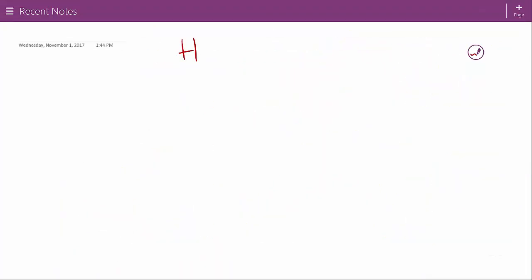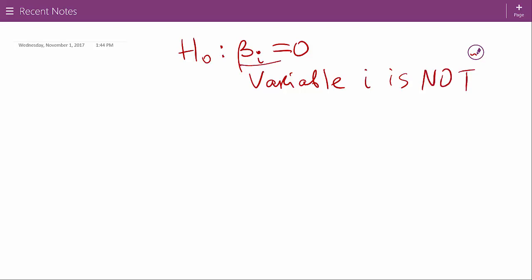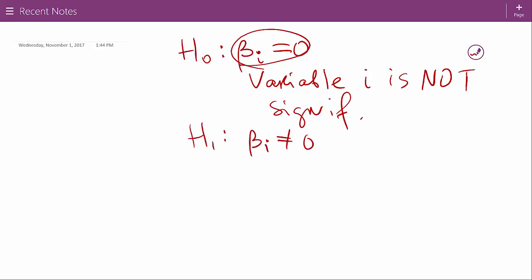For each variable we test the hypothesis that this specific slope is equal to 0, which means that variable i is not significant. If I can replace the slope with 0, effectively I'm taking it out of the equation. The alternative was that the slope for variable i cannot be set to 0, and therefore the variable is significant.